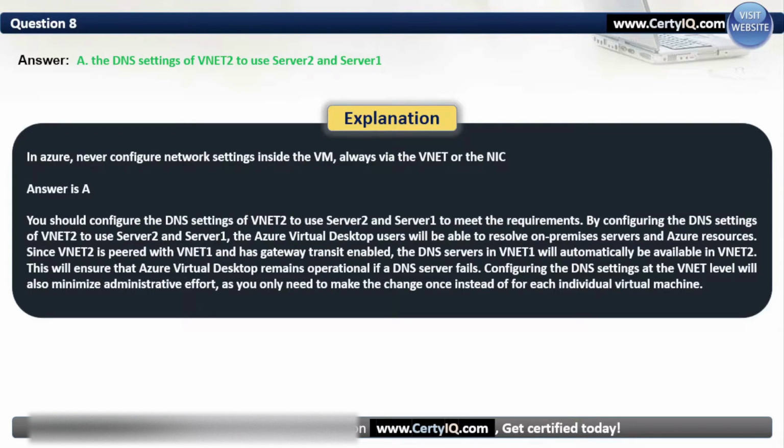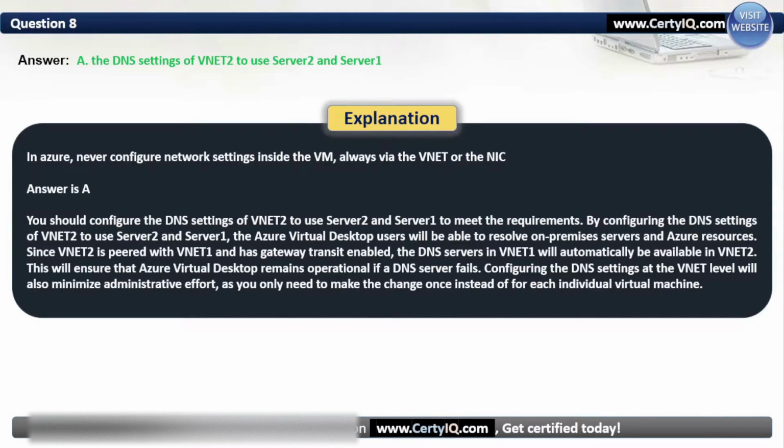Answer is A. You should configure the DNS setting of VNet2 to use Server 2 and Server 1 to meet the requirements. By configuring the DNS settings of VNet2 to use Server 2 and Server 1, the Azure virtual desktop users will be able to resolve on-premises servers and Azure resources.